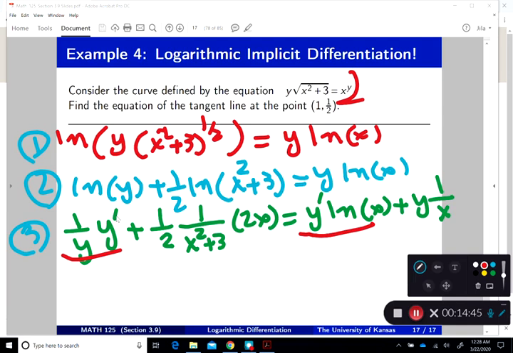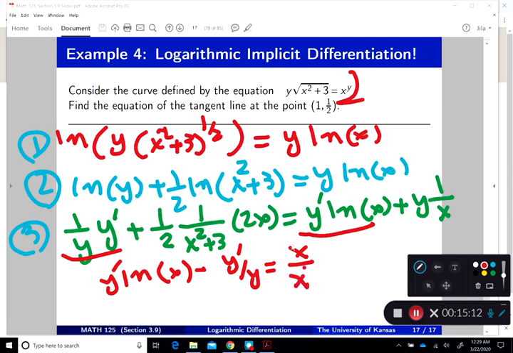What I'm ending up with is y prime natural log of x, and I'm taking this to the other side, minus y prime divided by y, and then I'm bringing this one to this side, so I have x over x squared plus 3 minus y over x.